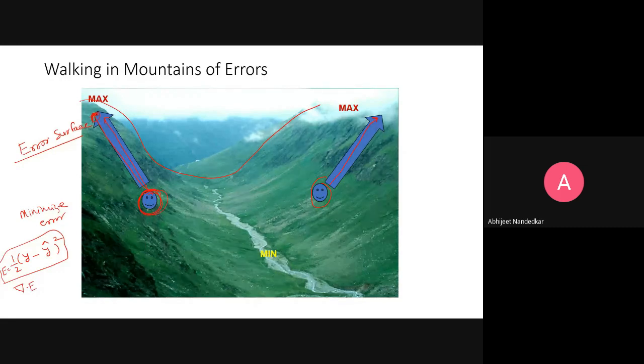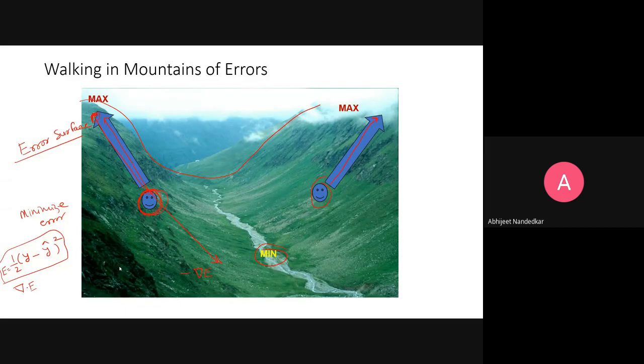I don't want to maximize the error, I want to minimize the error. So I take the negative of the gradient, and I will be thrown towards the minima. I always want to travel towards minima, not maxima. So we are actually interested in the negative gradient of error.